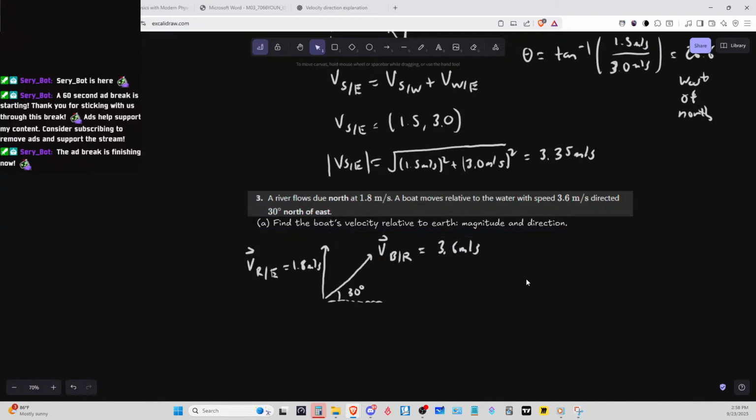Okay, find the boat's velocity relative to the Earth, magnitude and direction. Okay, so we don't have to line up with the opposite side on the same trajectory as the starting point, so that's something to keep in mind.